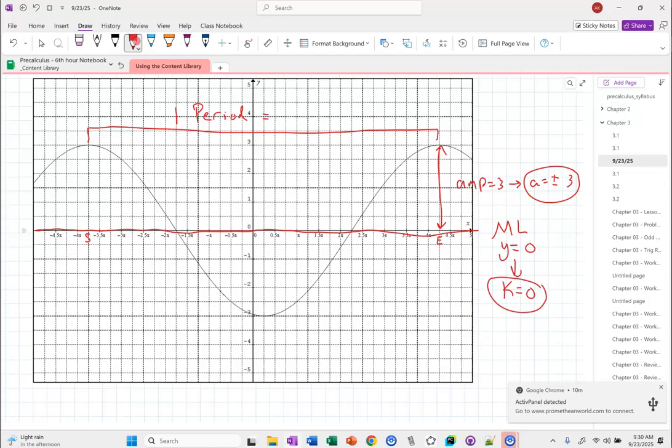So we're going to go 3.75 and then 4.25, if we're just counting, 3.75 to 0, and then 4.25 to the end. So that's 8 pi total, and that's our period.